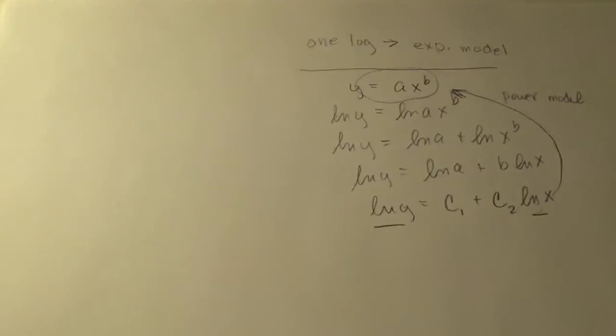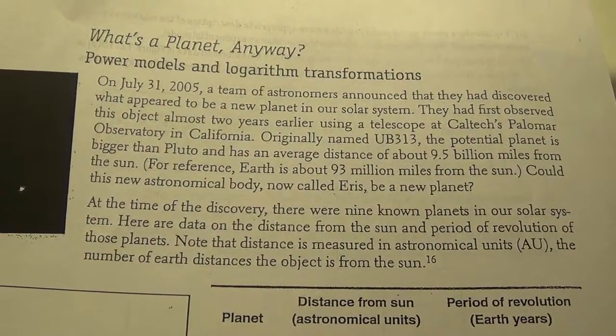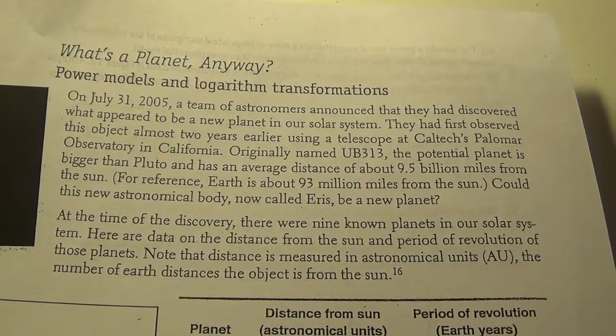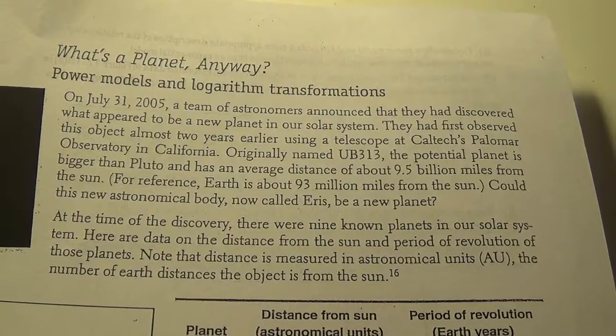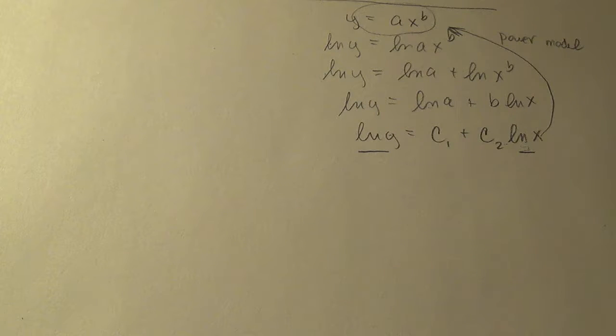And now we'll look at an example that comes from a power model where two logarithms are required to straighten it out. In this scenario, the last one, it's talking about a planet. They actually found a body in our solar system. They call it Eris, and is it a new planet is the question.